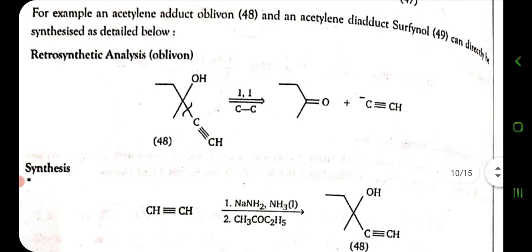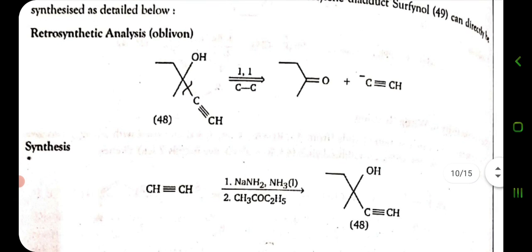In this retrosynthetic analysis, oblivion, represented by number 48, undergoes one C-C disconnection, and this acetylenic product is used.